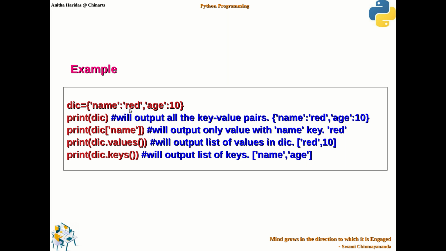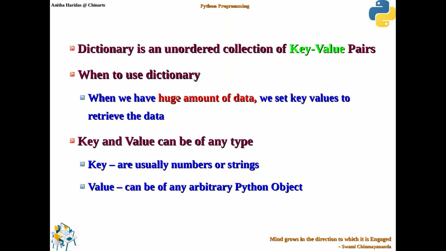If you want to retrieve the name of the person, you can specify it using a key called name. Age of the person can be specified with the key called age, or percentage of the person can be described with percentage as the key. So what data you want to retrieve will be specified using a key. That is why we set keys to different data using a dictionary.